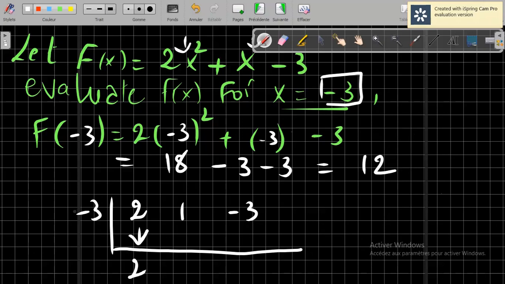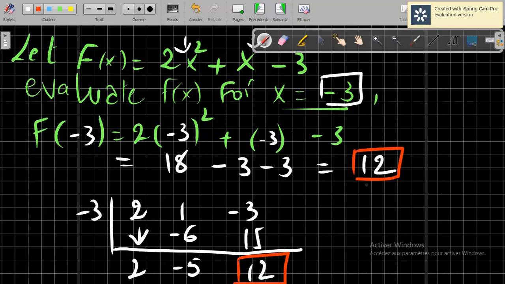2, and 2 times negative 3 is negative 6. 1 plus negative 6 is equal to negative 5. Negative 5 times negative 3 is equal to 15, and 15 plus negative 3 is equal to 12. You see here, 12 is the same answer that I found when I was plugging in.